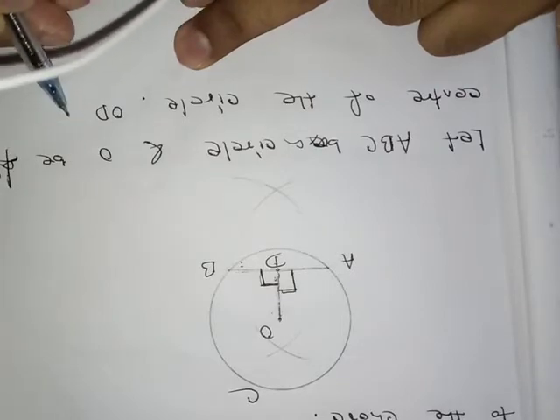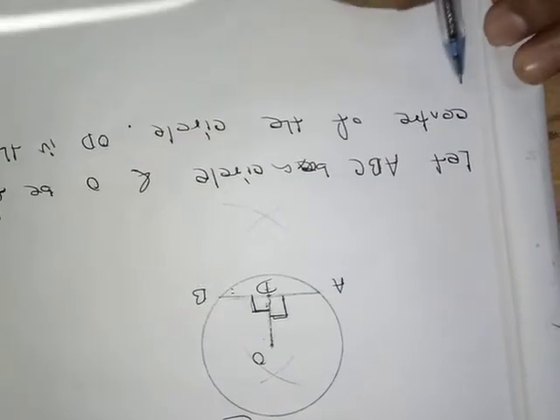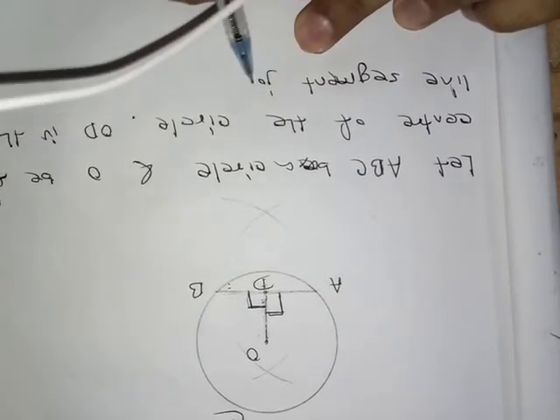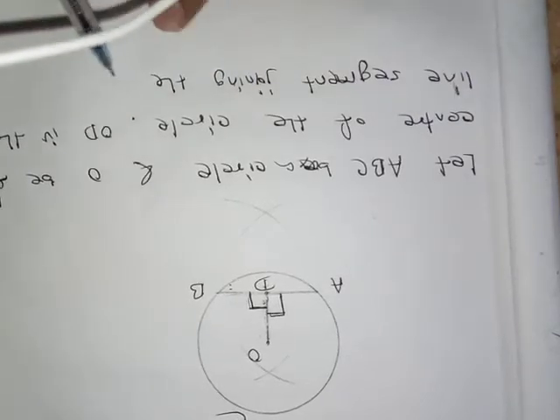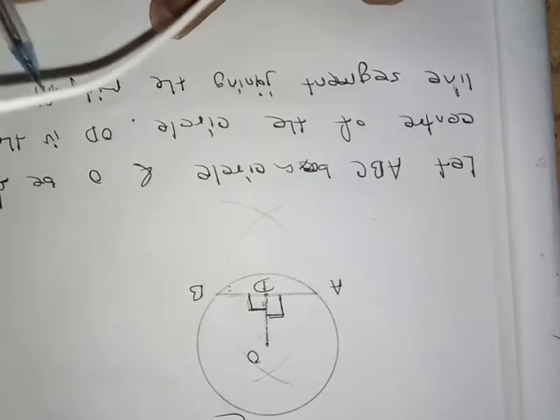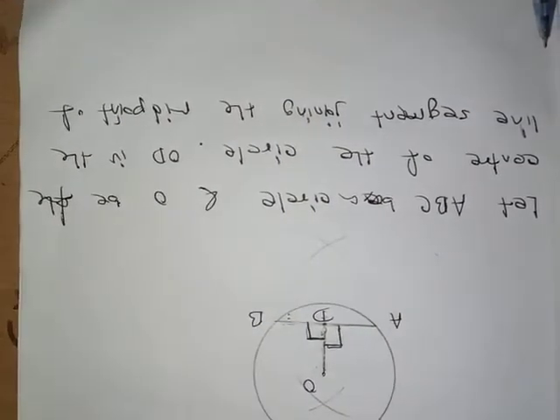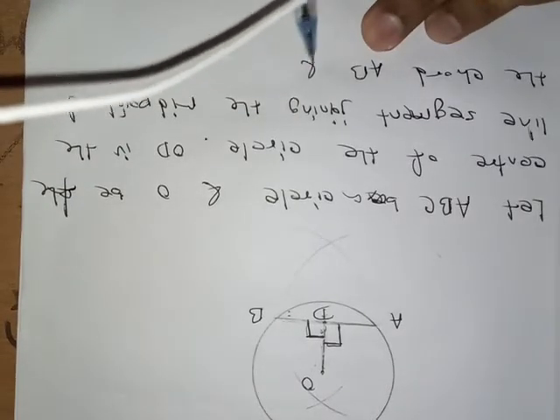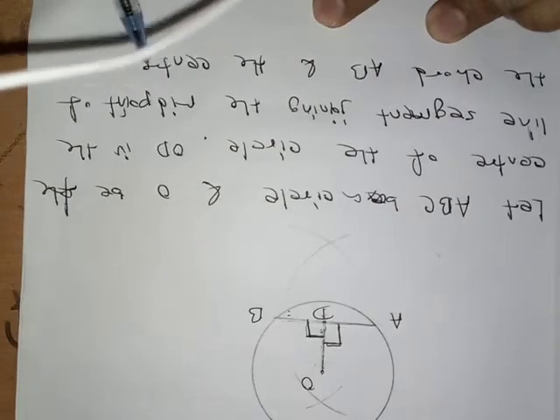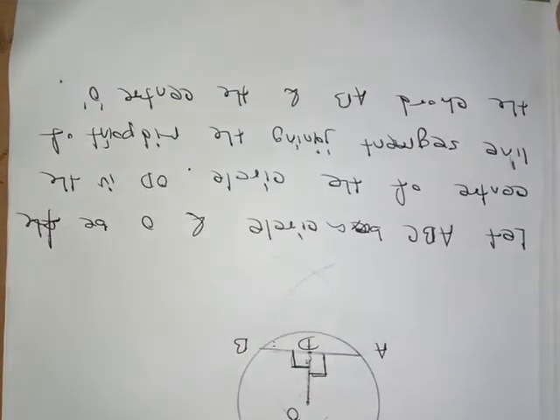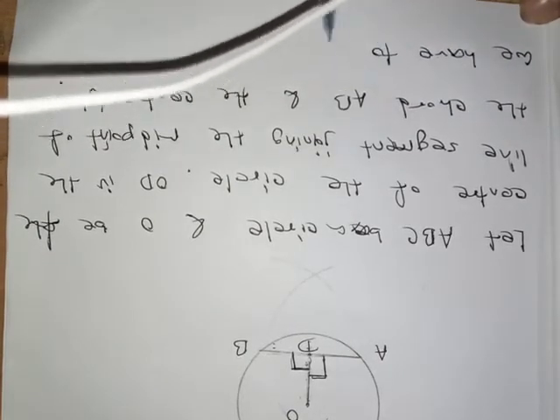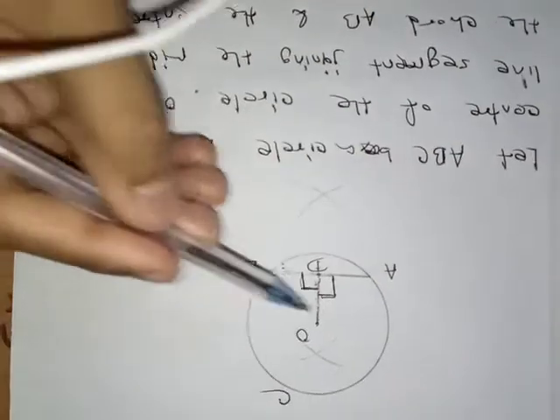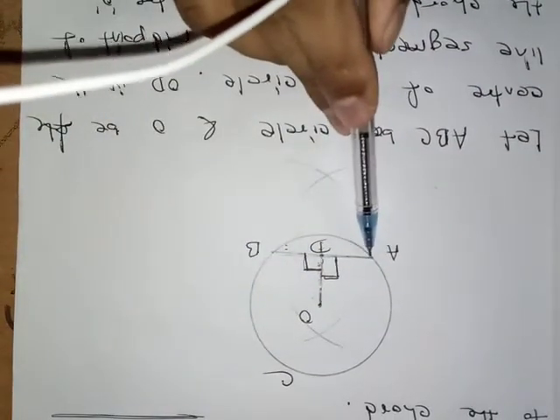OD is the line segment joining the midpoint of the chord AB and the center O. We have to prove that line segment OD is perpendicular to AB.